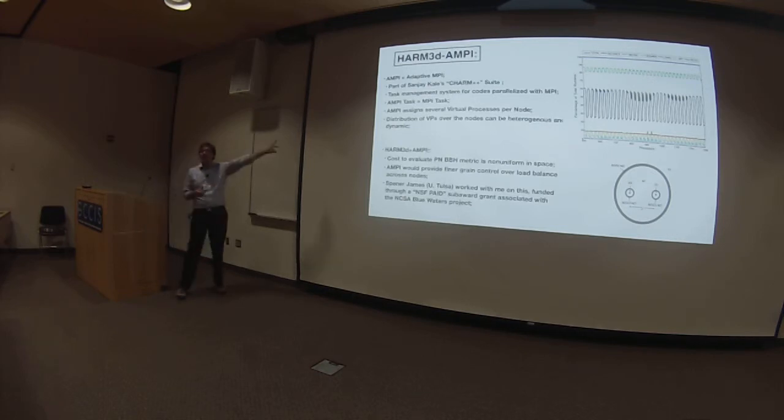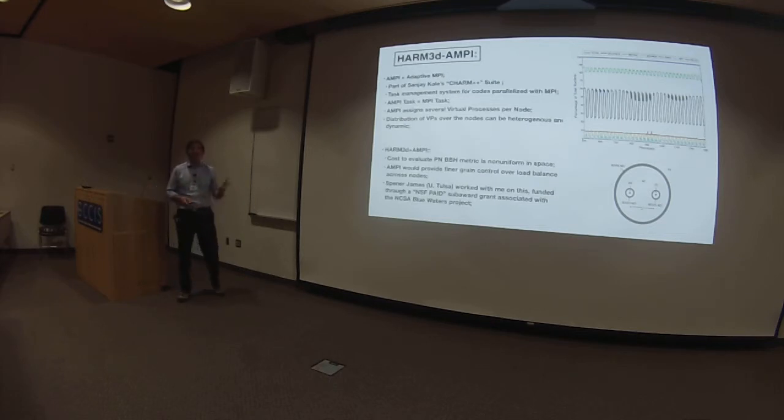And so in our binary spacetimes, computing the metric near the black holes is more expensive than computing it further out in the wave zone or in the near zone, where you just evaluate the post-Newtonian metric. But the inner zone here is more expensive. And so you want to break up that inner zone more, and then parcel out to fewer computing cores. And here this shows you how much more time some cells spend in computing the metric than others. Okay, so there's a load imbalance. We want to distribute that load imbalance and even it out.